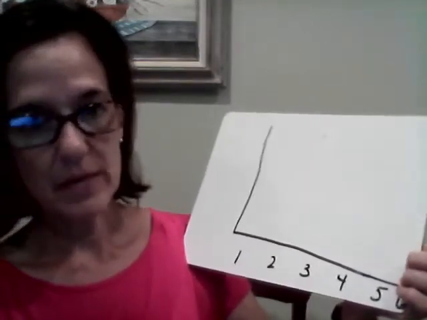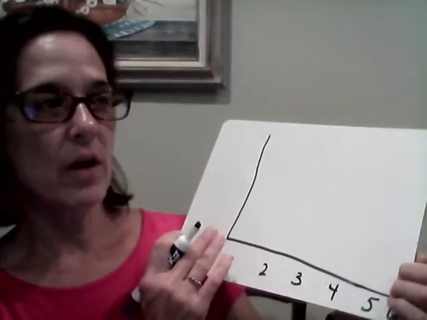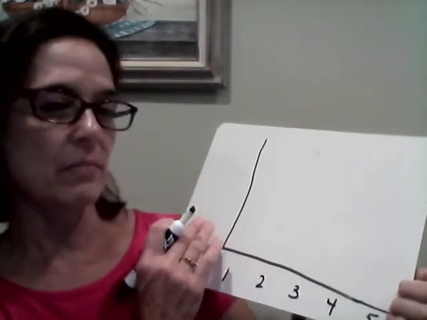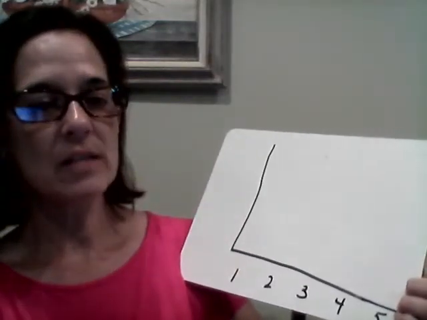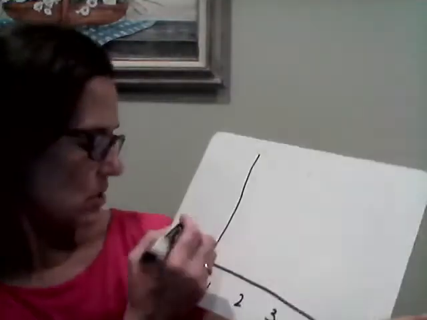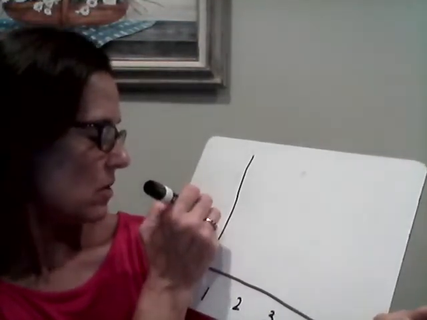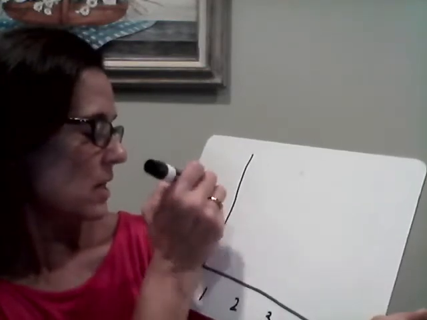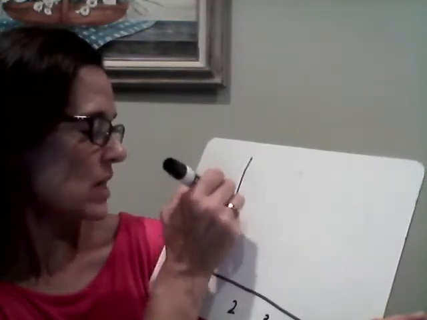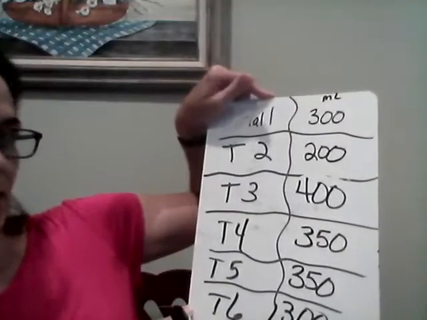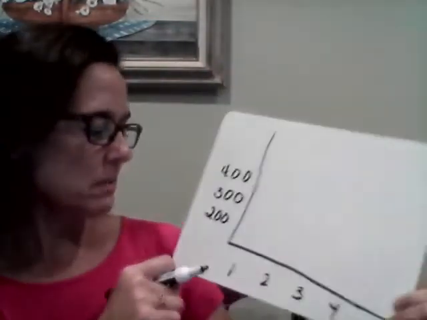That's not very straight. And then we also knew that we could try the milliliters. So the smallest amount was 200. So we decided to have 200, then 300, then 400. And we could really stop there because we don't have any bigger than 400.